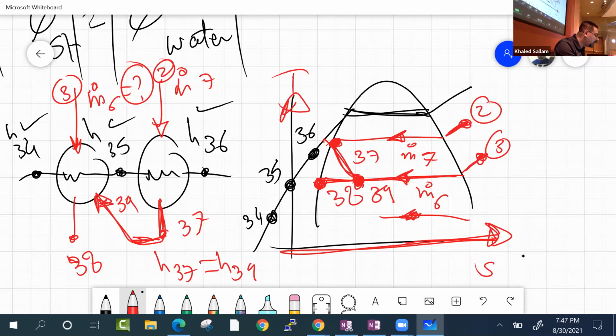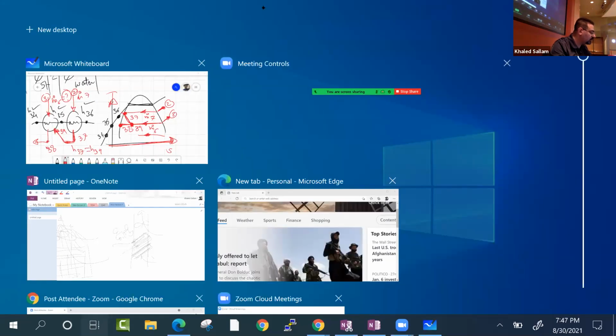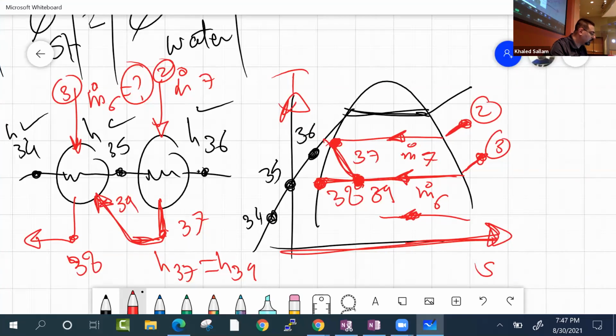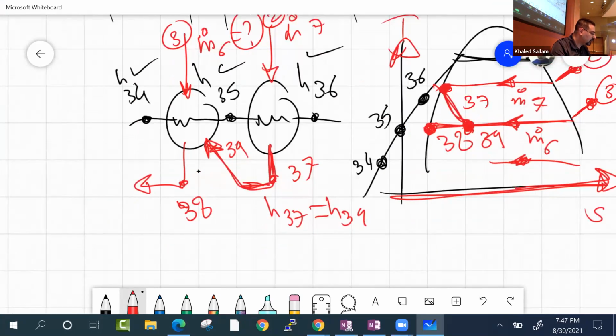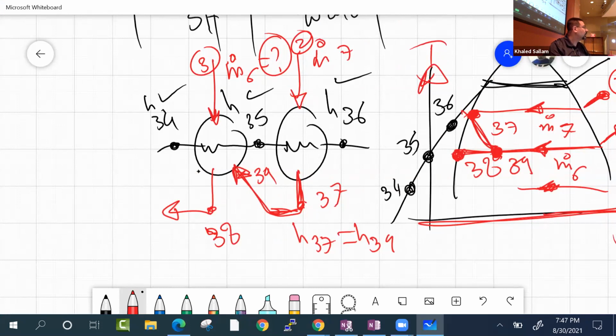But the point now is, if I want to apply the first law to this heater, I will say energy in equals energy out.